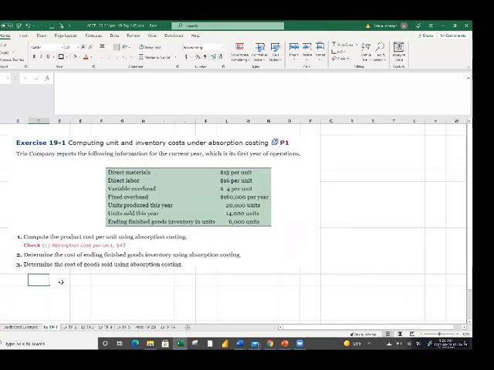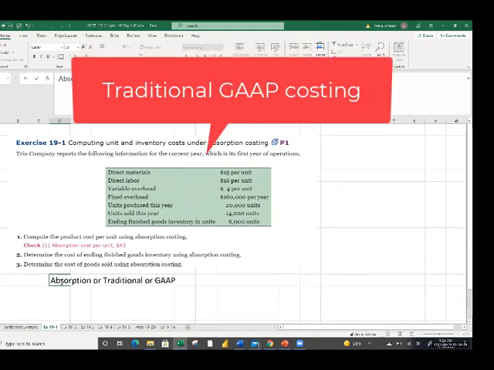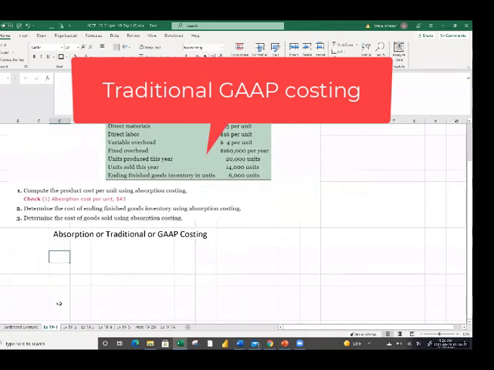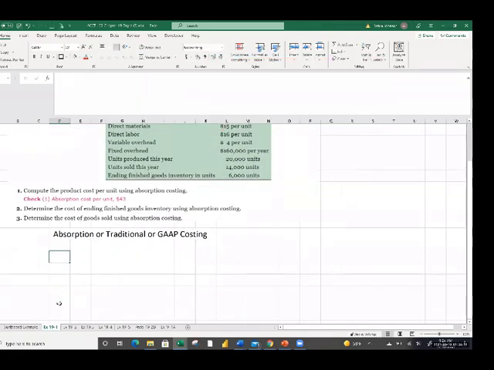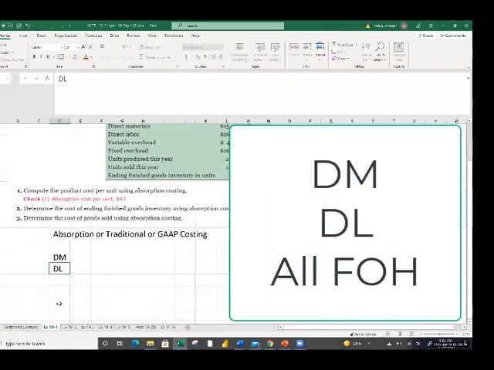So first one, I'm going to write down, we are using what we've used all along. It's a new name. It's absorption, or what you may hear referred to as traditional or GAAP costing. And what that means is the product costs are comprised of three things: direct material, direct labor, and all the factory overhead.